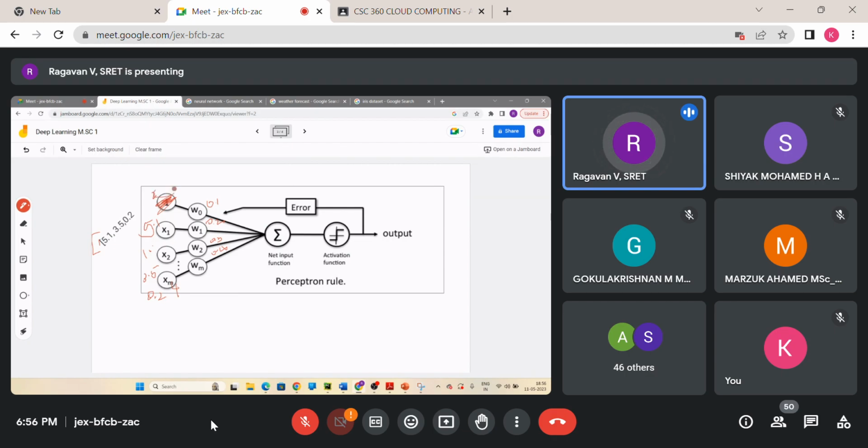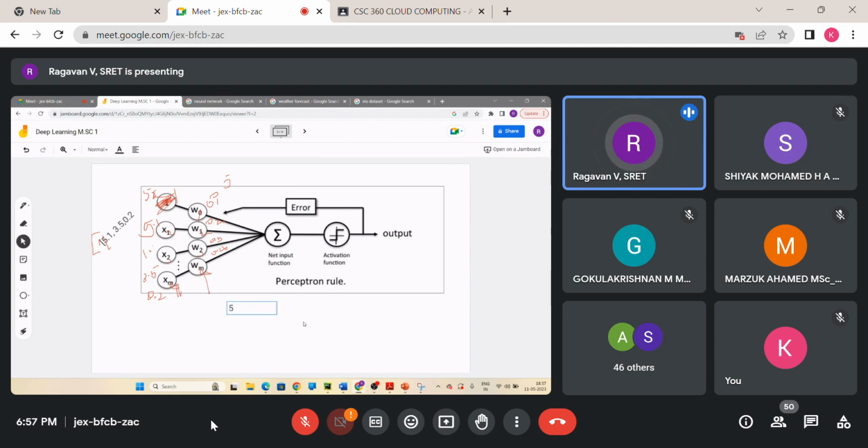Let's take x1, x2, x3, x4 with weight 1, weight 2, weight 3, and weight 4. So four inputs, four weights. Now this first input is 5.1, right? It is multiplied with 0.1, right?